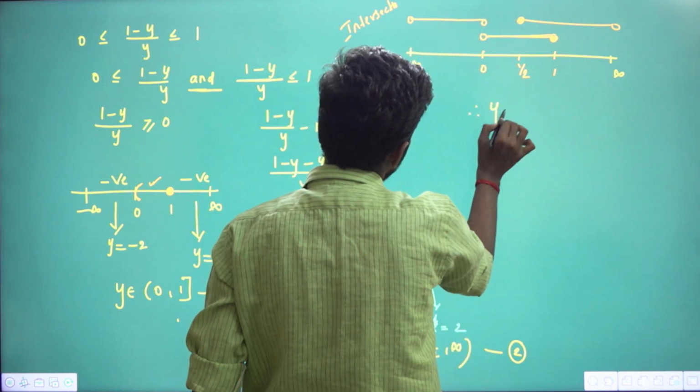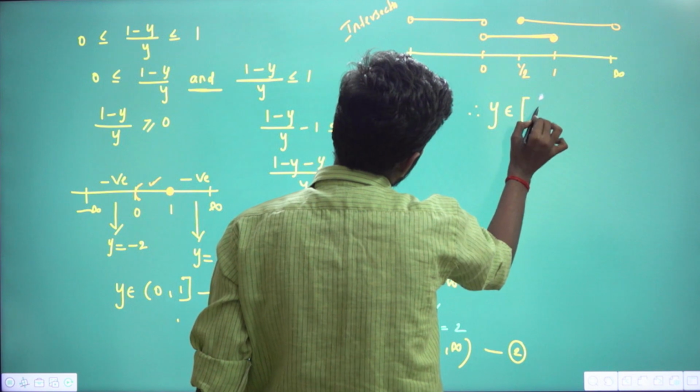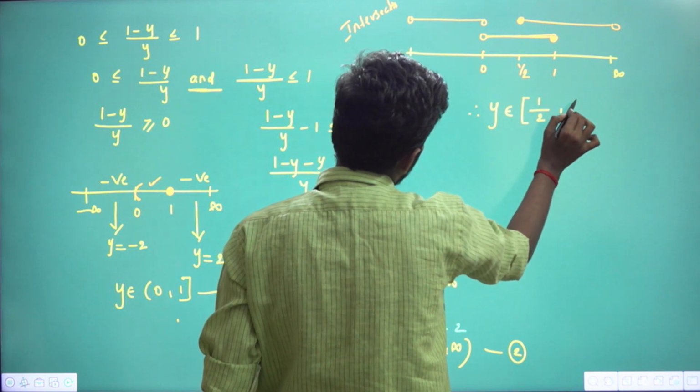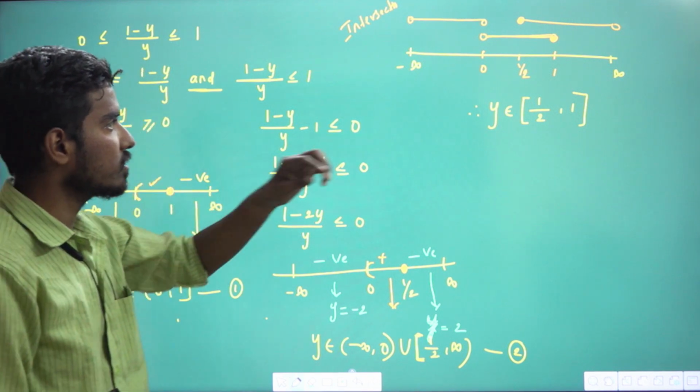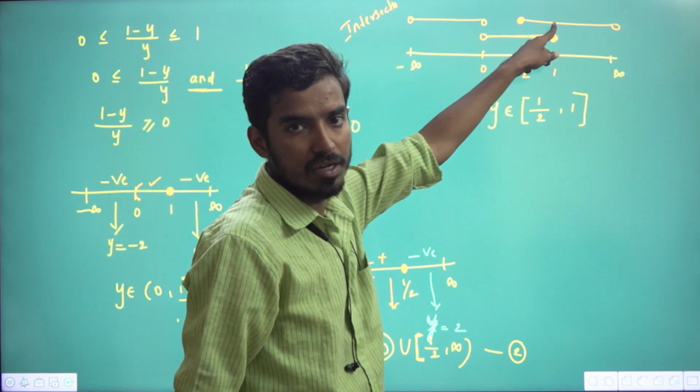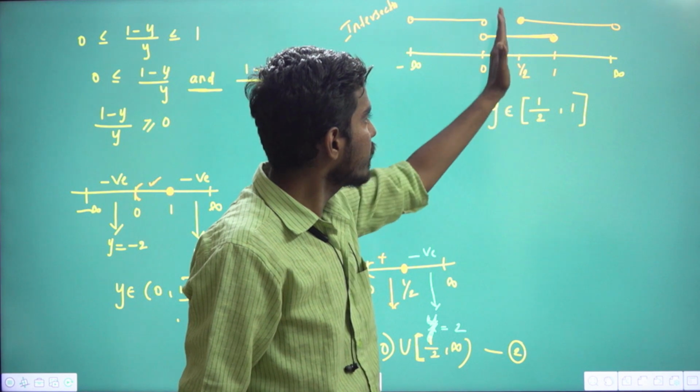So therefore y belongs to the closed interval 1/2, 1, both closed, correct? Because 1 is included here, and 1/2 is included in both places.